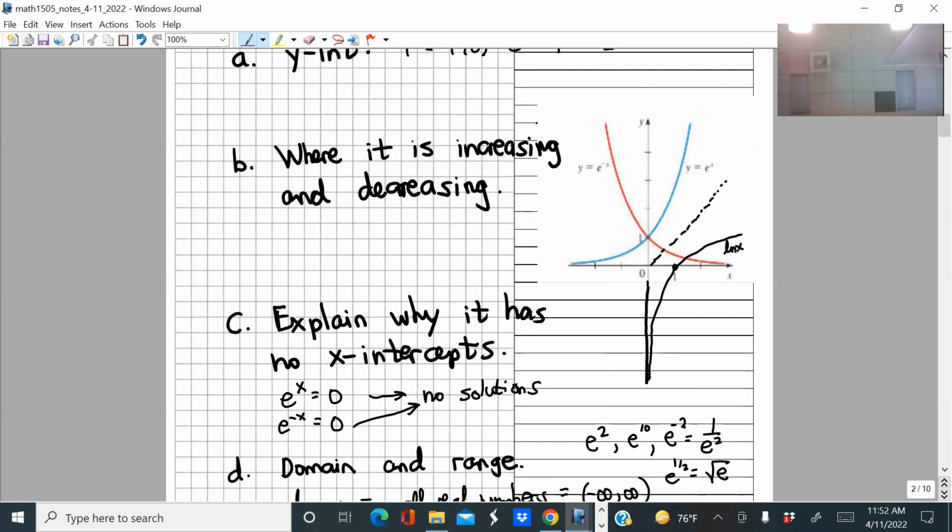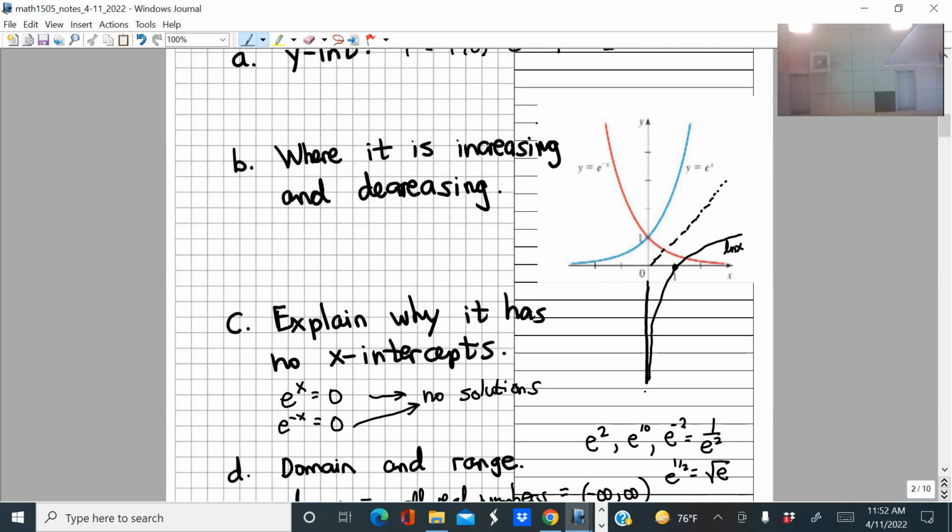Where does it cross the y-axis? It doesn't. See, because the blue curve never crosses the x-axis, when you flip the x and y values, this curve is never going to cross the y-axis. Because the blue curve has no x-intercepts, the black curve, the inverse, has no y-intercept.